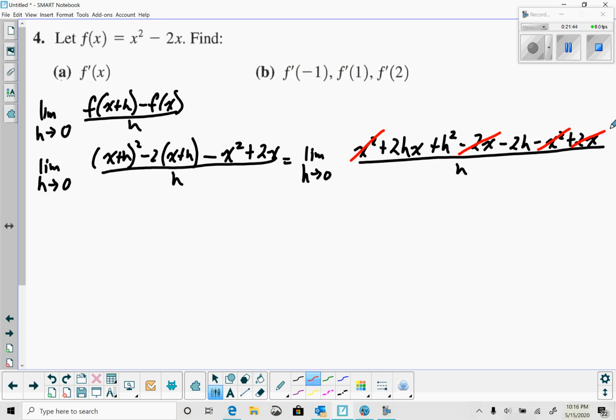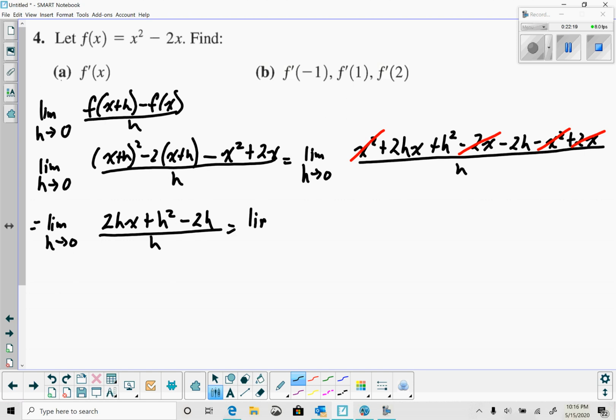Everything in the minus f of x part of it will combine with something in the first part so that they give us a nice sum of 0 over and over again. So the limit as h approaches 0 of 2hx plus h squared minus 2h all over h.